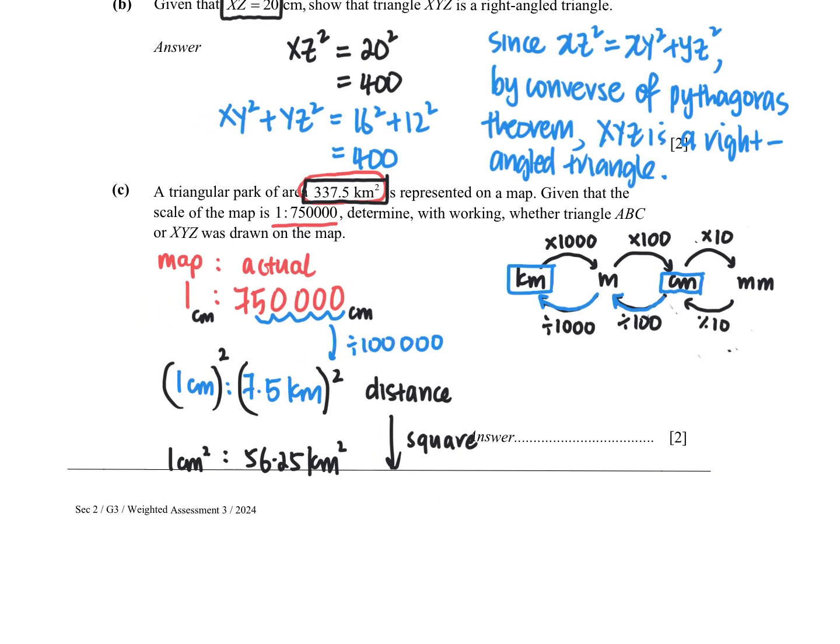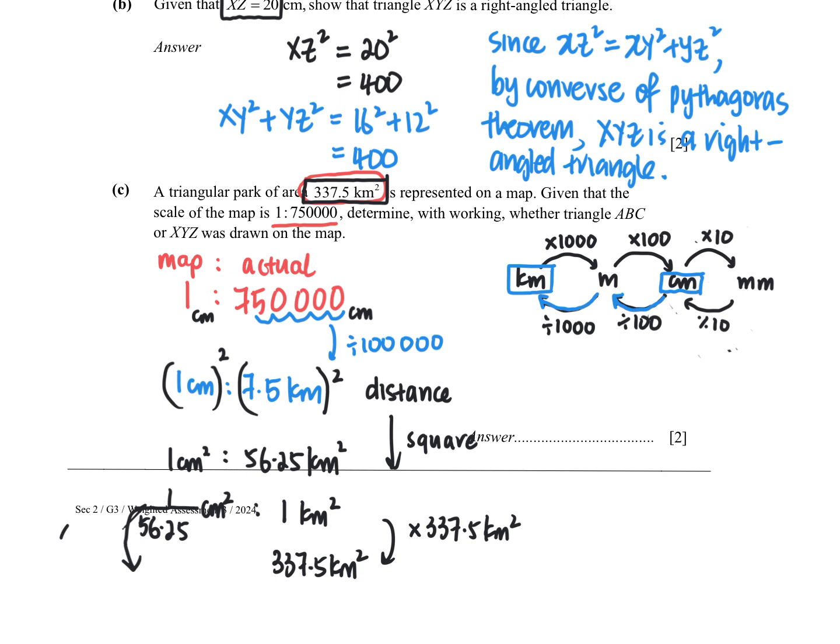So if it's 1 kilometer square, I will get 1 divided by 56.25 cm square. So how to get 337.5? You multiply both sides by this. So multiply both sides.